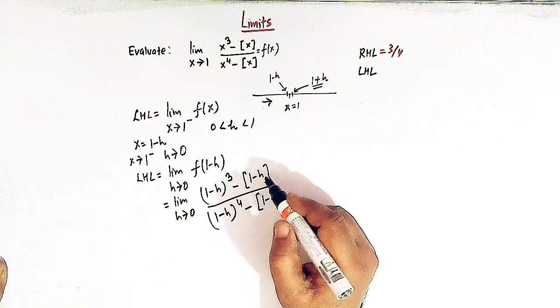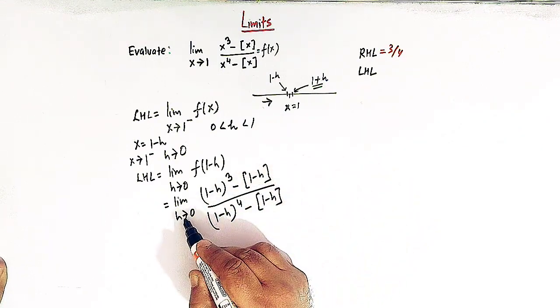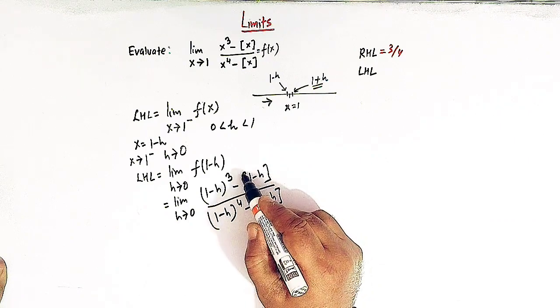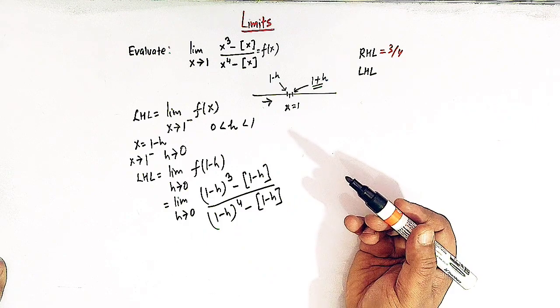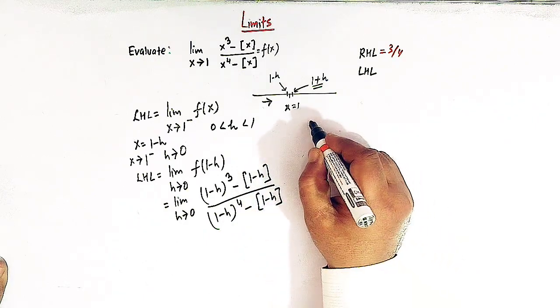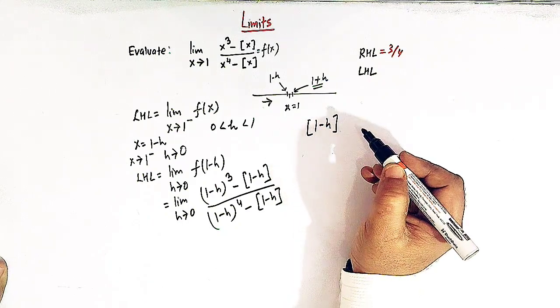Okay, now again the same thing, we cannot substitute h equal to 0 directly in the expressions containing the greatest integer function, right? So we'll separately find out the value of greatest integer of 1 minus h.